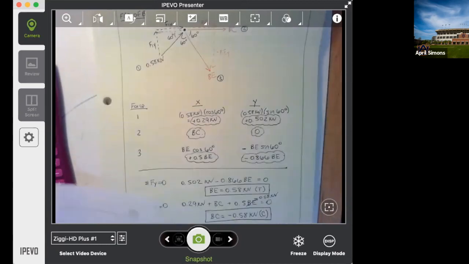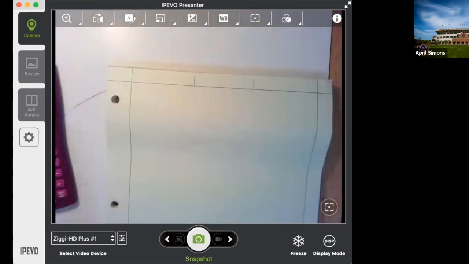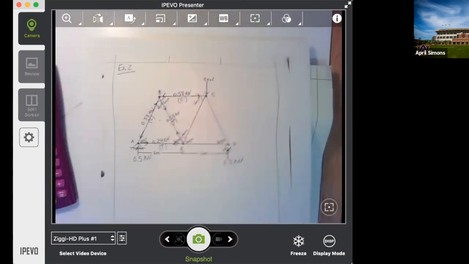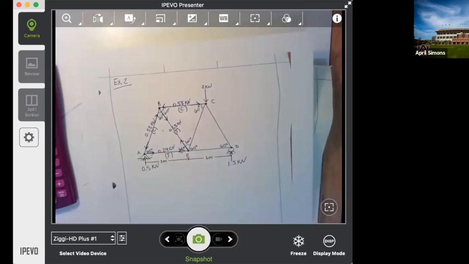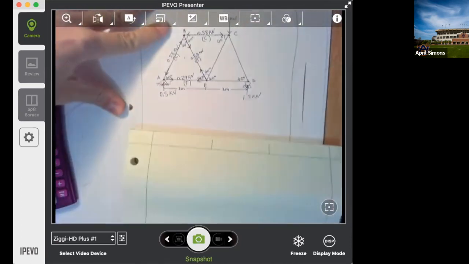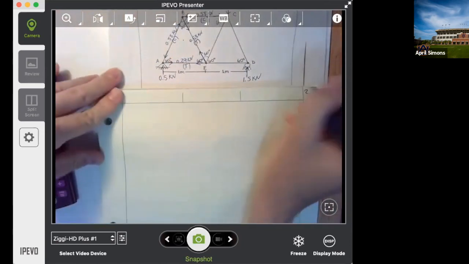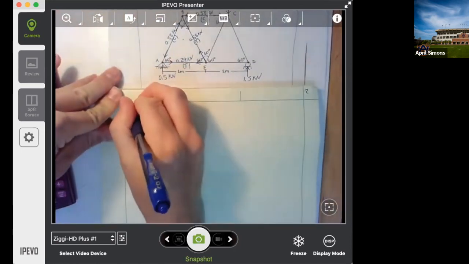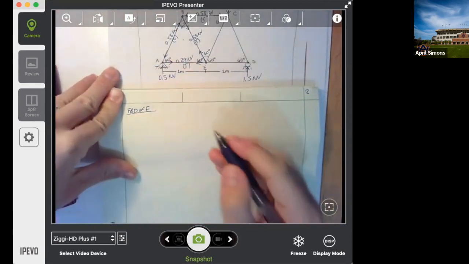So let's go to joint E. Okay, so this is our free body diagram, joint E.